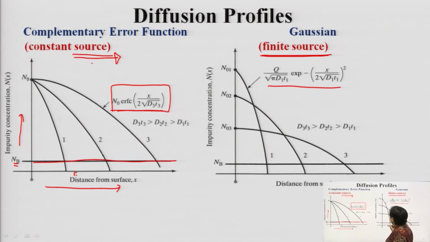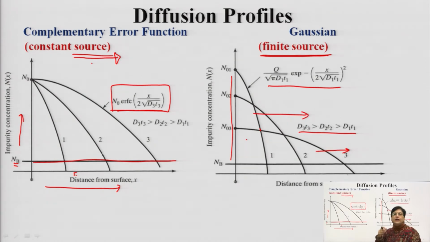If you observe carefully, just see the difference: as the time duration for which the diffusion is happening is increased, the profile is getting penetrated deeper and deeper. The surface concentration is slowly getting reduced, and the area covered is slowly getting driven inside.